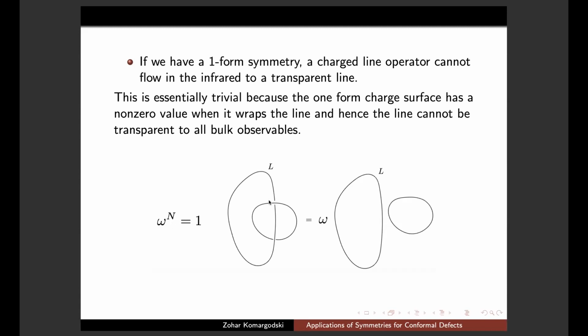So what this equation means is that there is some way to measure in the bulk the presence of this impurity, because you can construct this non-local observable. This is drawn in 2+1 dimensions, where the line operator and the one-form symmetry charge are both codimension 2. So you can construct some weird non-local observable that would detect the presence of the impurity.